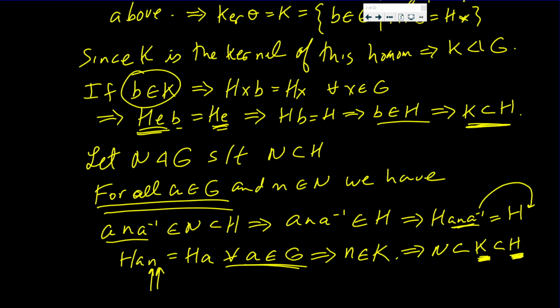H is a subgroup of G. K is a normal subgroup of G, and K does lie in H. H contains K. Now, the only other way for a normal subgroup to lie in H is if it lies in or is contained in K. That makes K the largest normal subgroup that is contained in H.